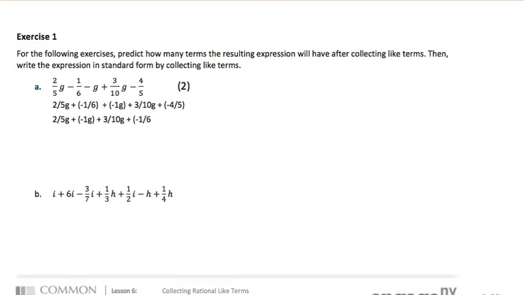Negative 1/6 plus negative 4/5. And on our next step, we'll go ahead and use the associative property to group all of the like terms.